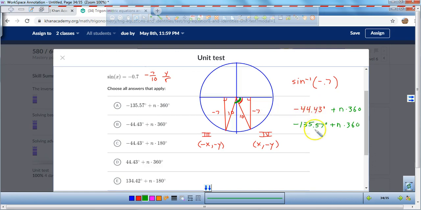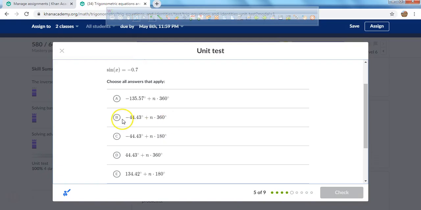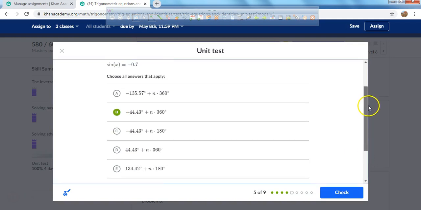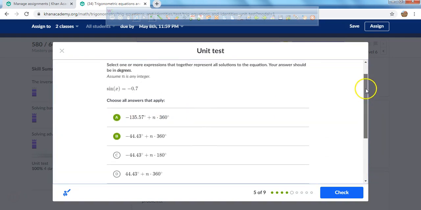These right here are going to be supplementary as far as when you're solving them. All right, so I'm going to put negative 44.43 and negative 135.57. That will give us all the answers where the sine of x equals that.